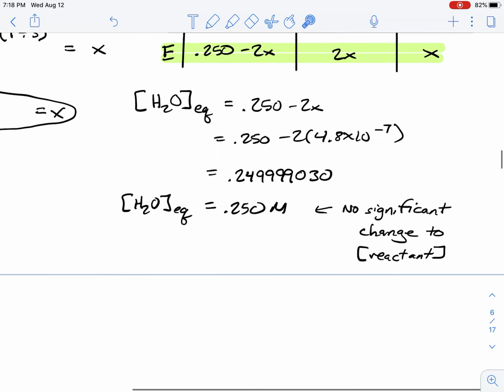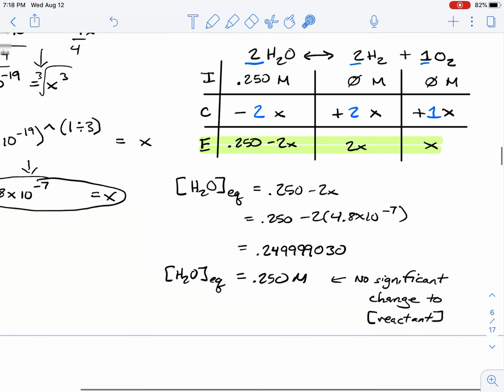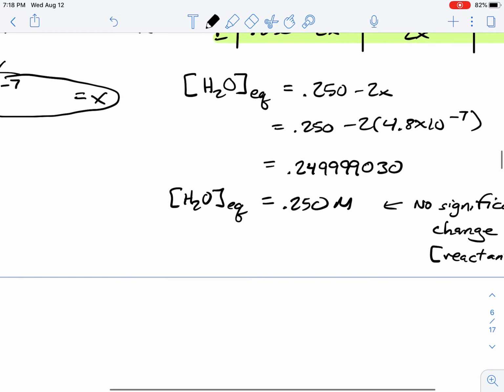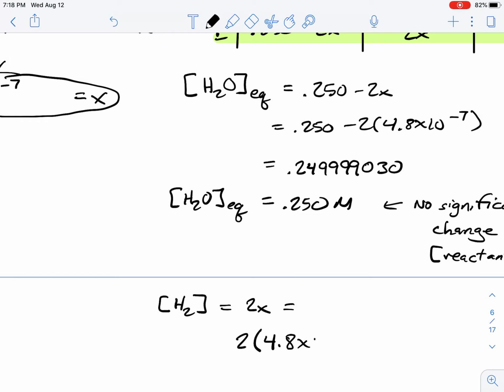However, if we calculate the equilibrium concentration for both H2 and O2, anything above 0 molar is significant. The concentration of H2 is defined as 2x, which is going to be 2 times 4.8 times 10 to the negative 7.